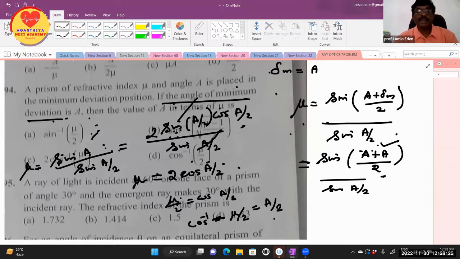Correct? Therefore, A is equal to 2 into cos inverse of mu by 2. That's all.